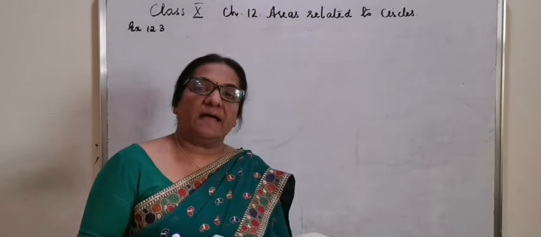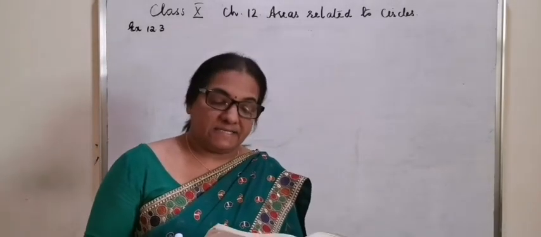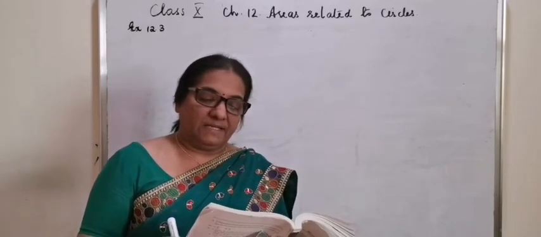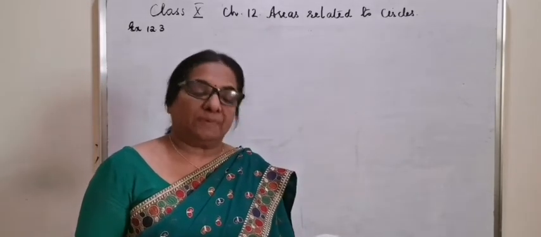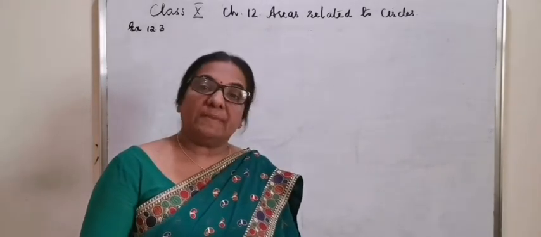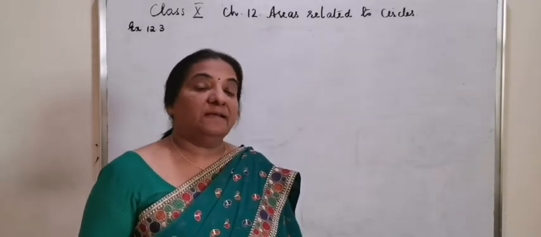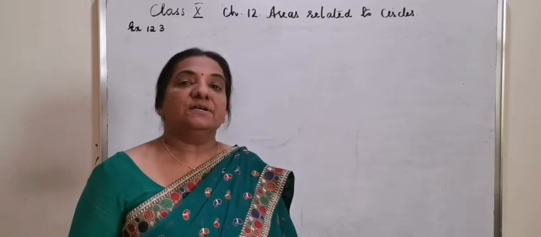Question number 11. On a square handkerchief, 9 circular designs, each of radius 7 centimeter, are made. Find the area of the remaining portion of the handkerchief. If you look into the picture, the area of the remaining portion can be found out by subtracting the area of 9 circles from the area of the square.